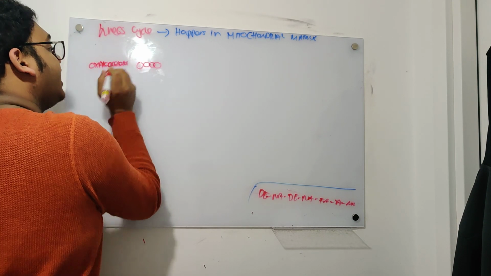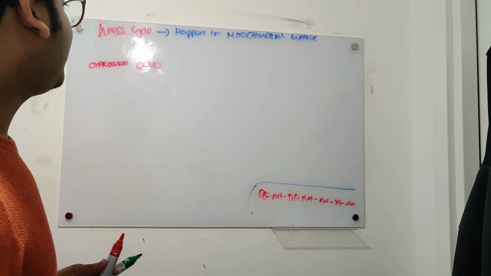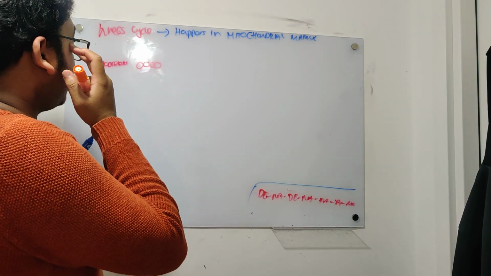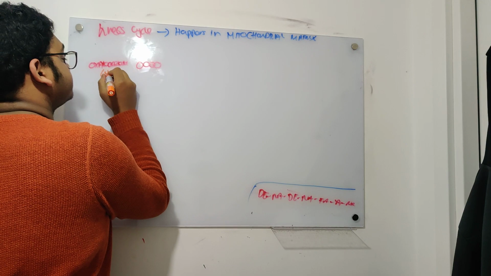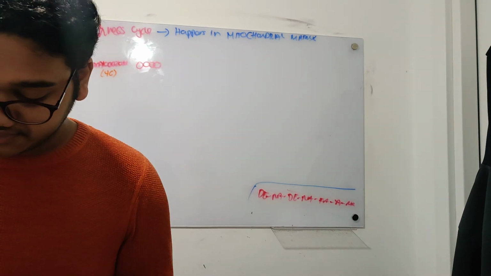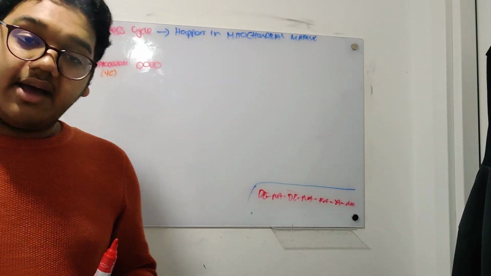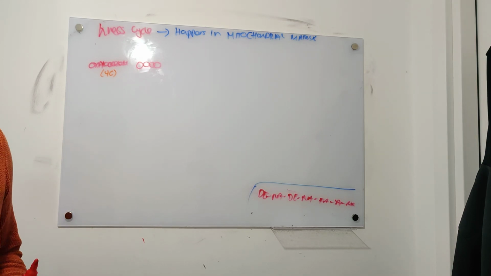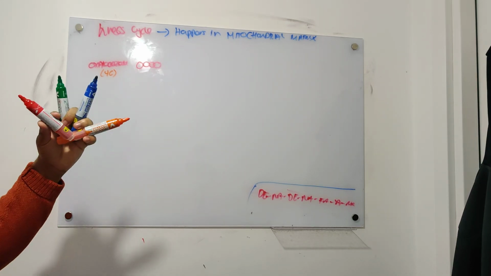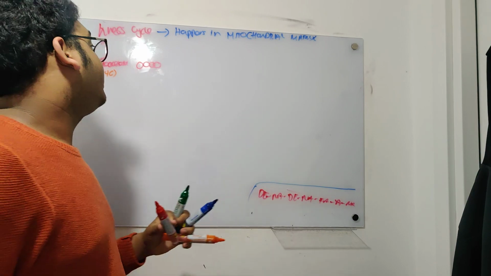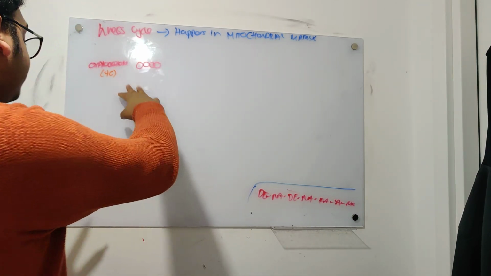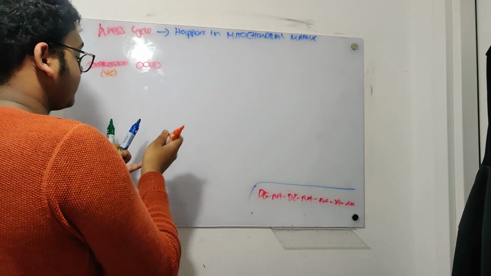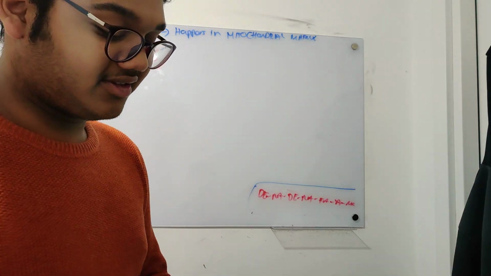Oxaloacetate, and as you can see, oxaloacetate has 4 carbons. What happens next is essentially the acetyl-CoA that we made from earlier is going to combine with the oxaloacetate. So, got too many pens.